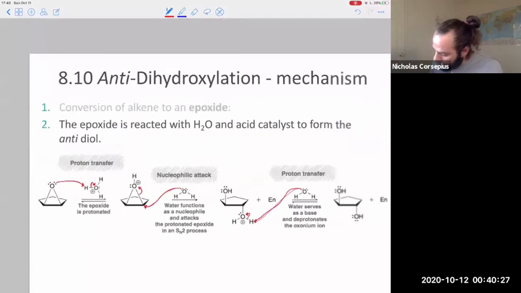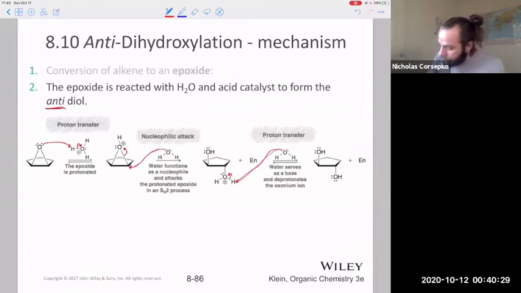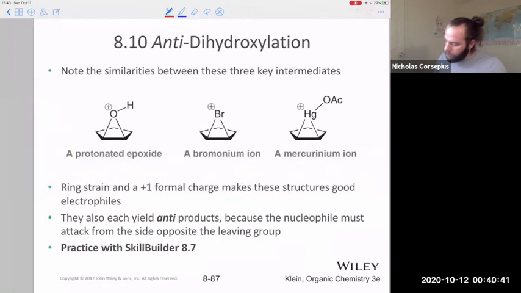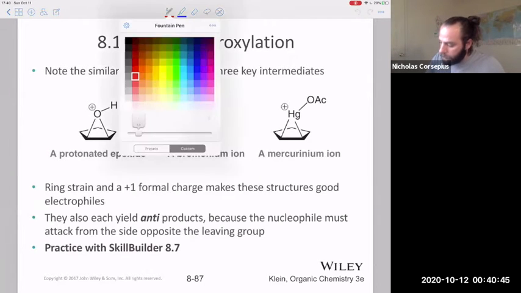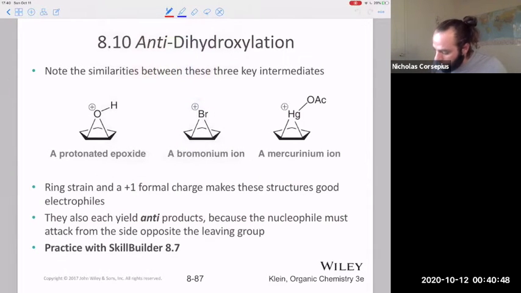So then the last step is just deprotonation from a neighboring water. Okay, and again, very important, these are anti-additions. So you get the diol, but you get the trans diol. And again, just to hammer this home, we've seen this with all these cyclic intermediates, whether it's our protonated epoxide, the bromonium ion, or the mercurium ion.